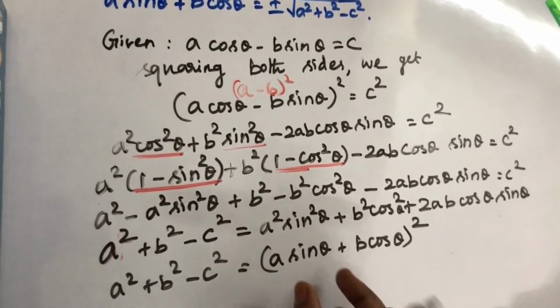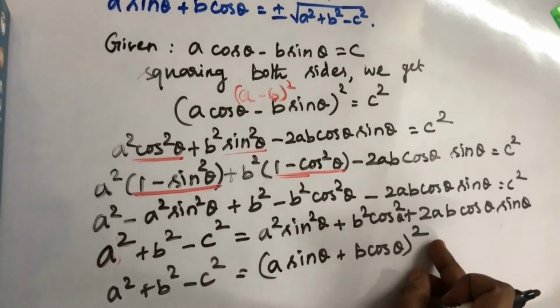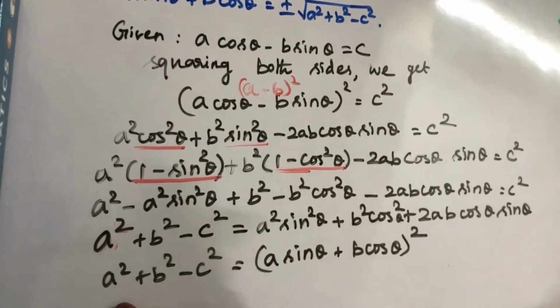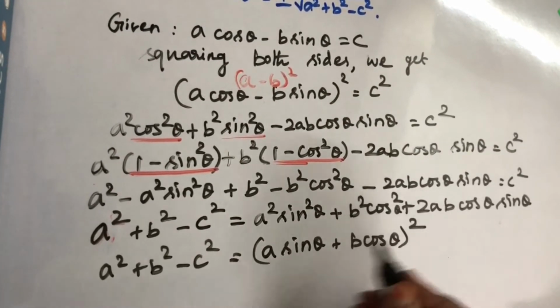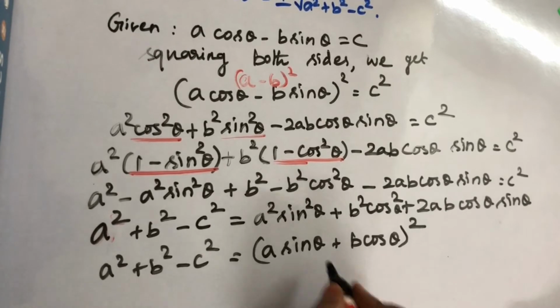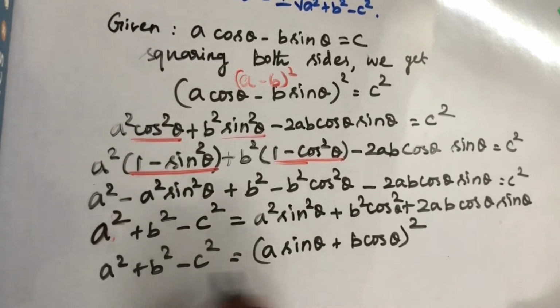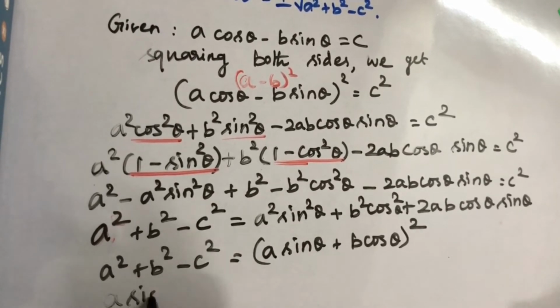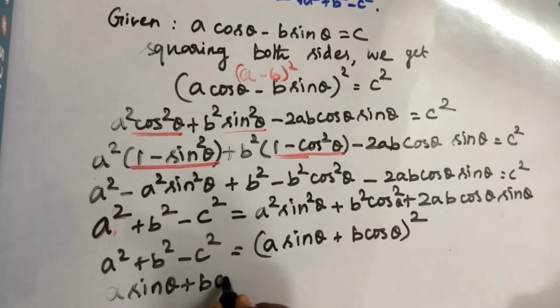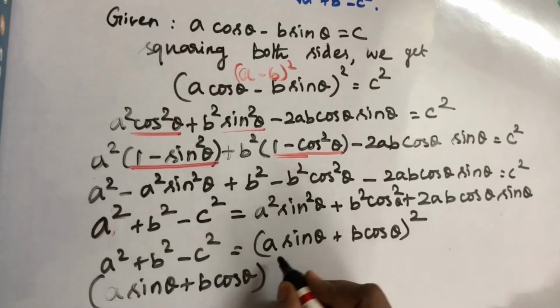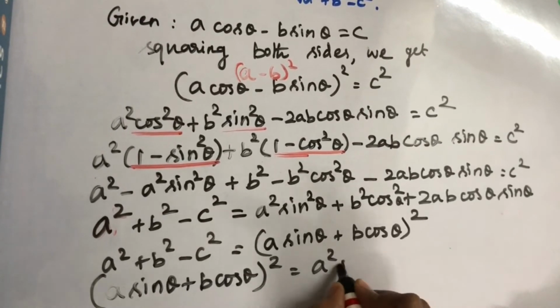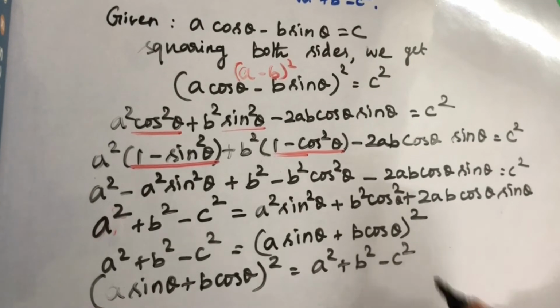So here A sin theta plus B cos theta the whole square is equal to A square plus B square minus C square.